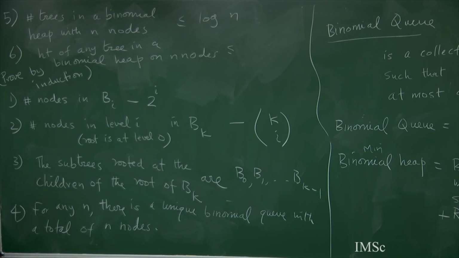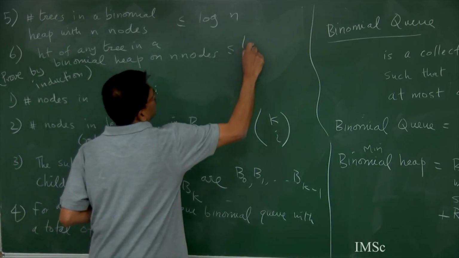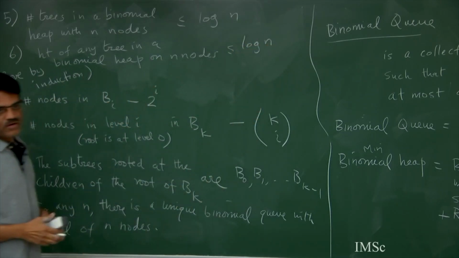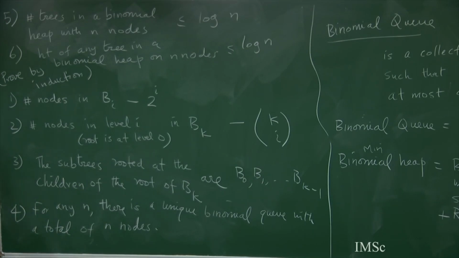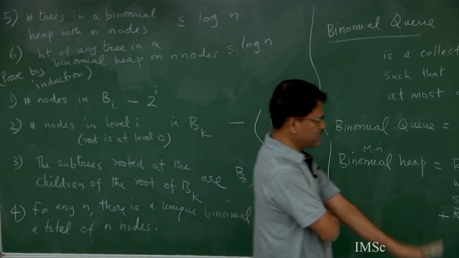What is the height of B_i? It's i. And so what is the maximum order i you can have in a binomial heap on n nodes? Log n, right? So that's also at most log n. These are some useful properties when we get to implementing our operations. Good. So now you know what a binomial heap is: a collection of binomial trees, and the values are stored in the nodes in heap order.